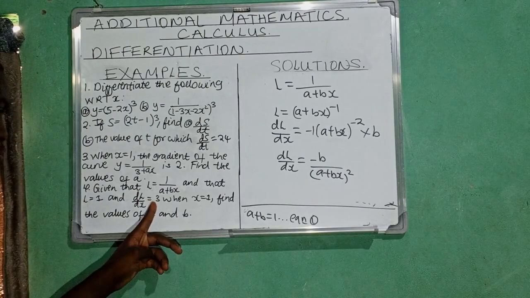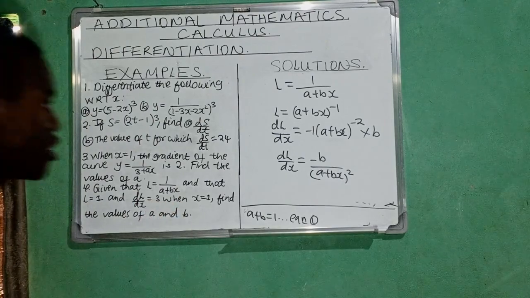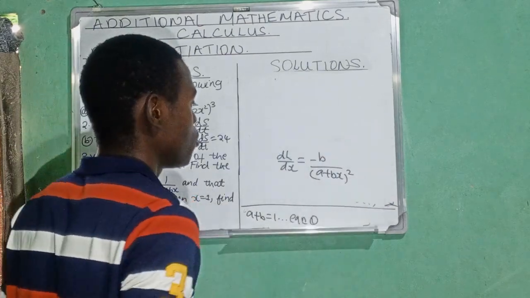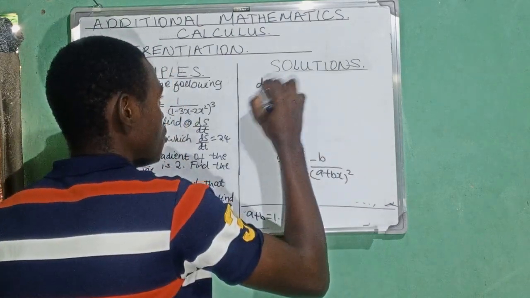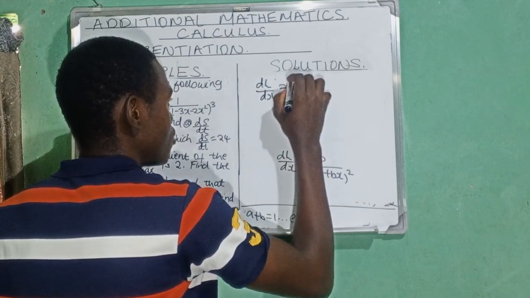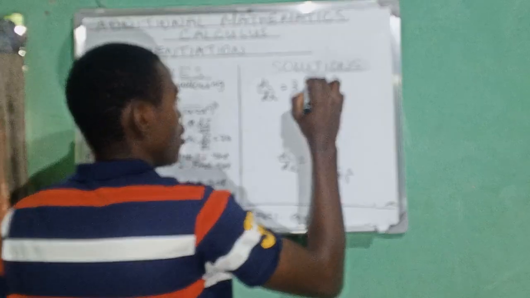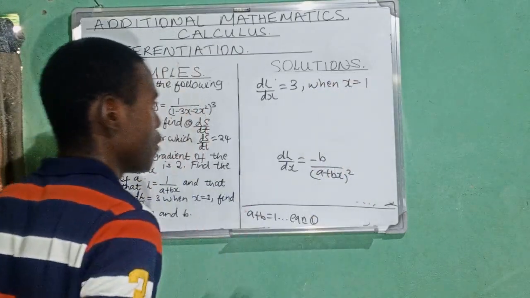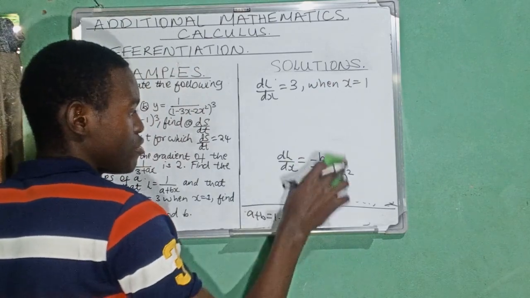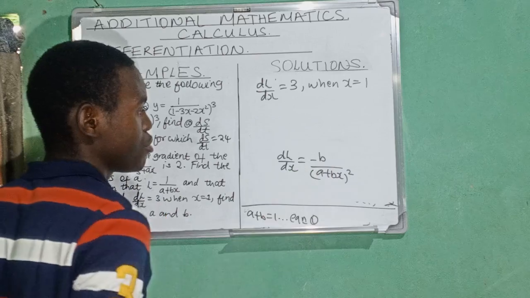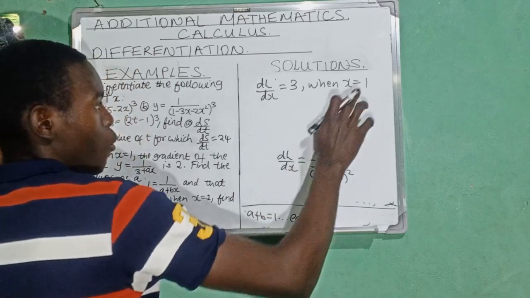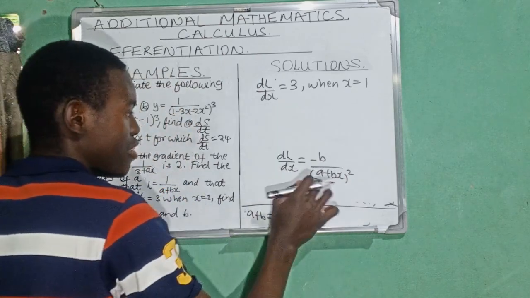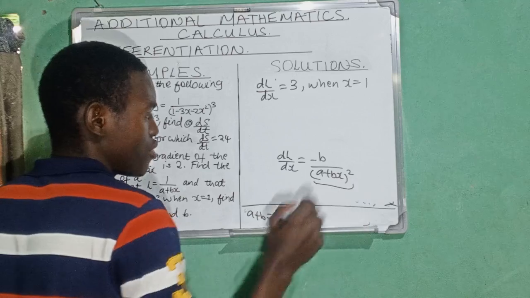When dl dx is equal to 3, x is equal to 1. So we'll say dl dx is equal to 3 when x is equal to 1. So in this same dl dx, we're just going to substitute 1 where there is x, and then we'll say this here is equal to 3.